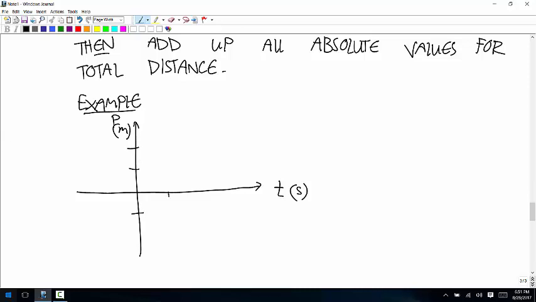Let's say that at time equals 0, the object is at position positive 1. I'm just trying to help you get used to looking at these graphs. So where is the dot representing that instant?